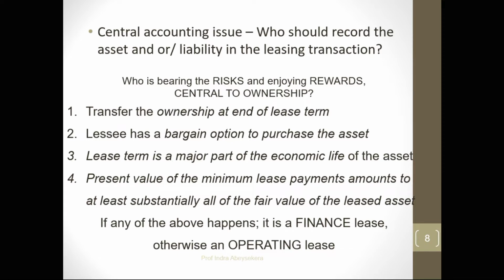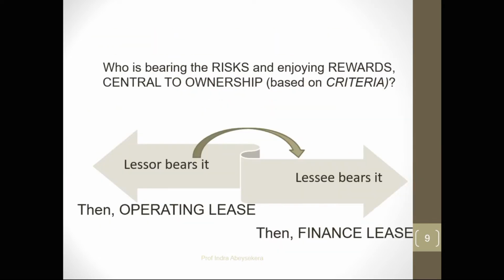The lease term is a major part of the economic life of the asset, and the present value of minimum lease payments amounts to at least substantially all of the fair value of the leased asset. If any of the above is met, we call it a finance lease. Otherwise, it's classified as an operating lease.